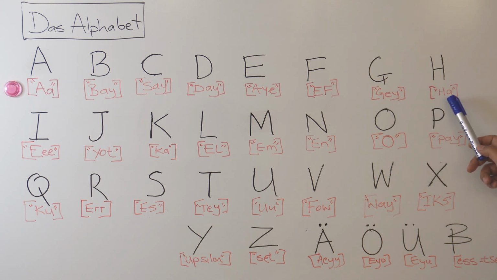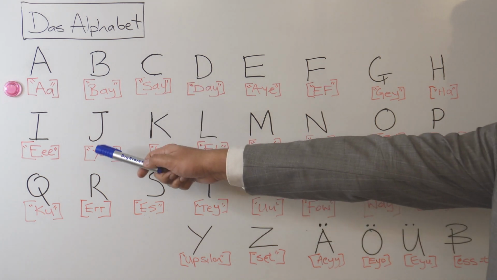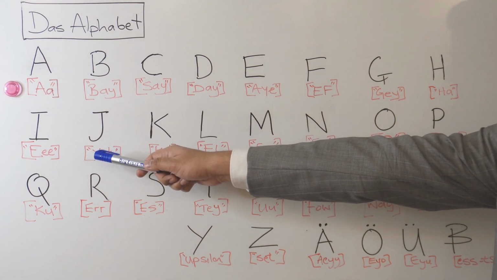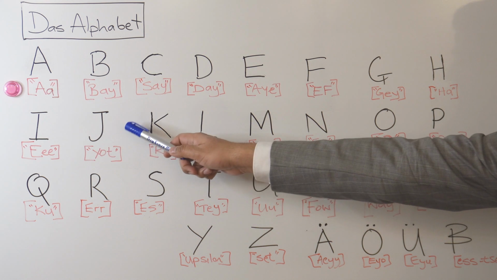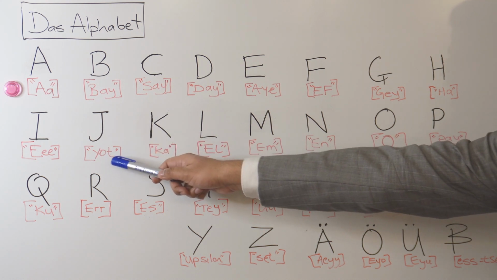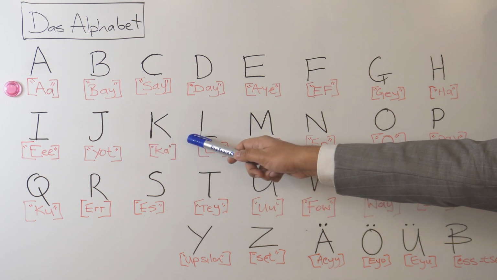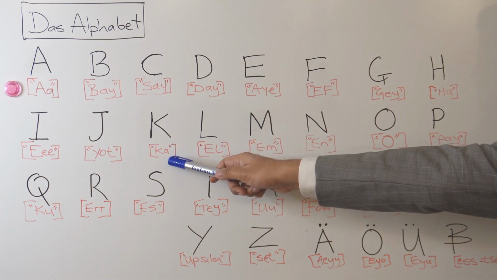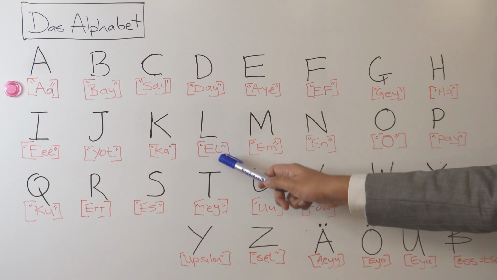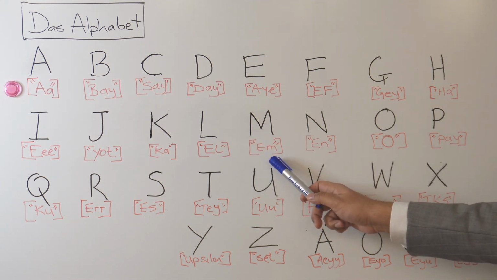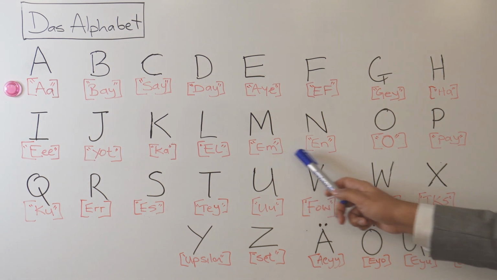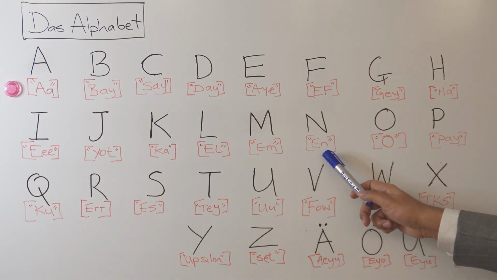H as ha, ha. I is said as E, E. And J as yacht, Y-O-T, yacht. K as ka, ka. L, L. M, M. N, N.